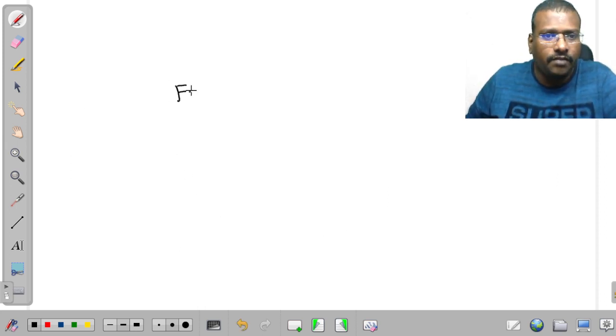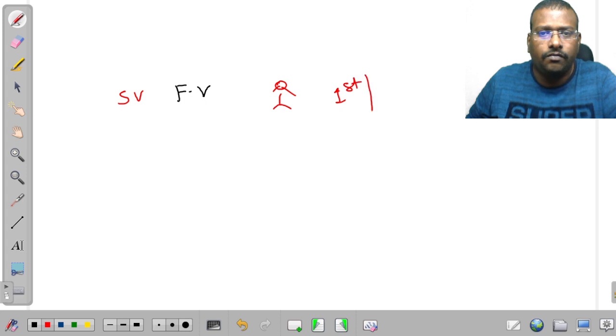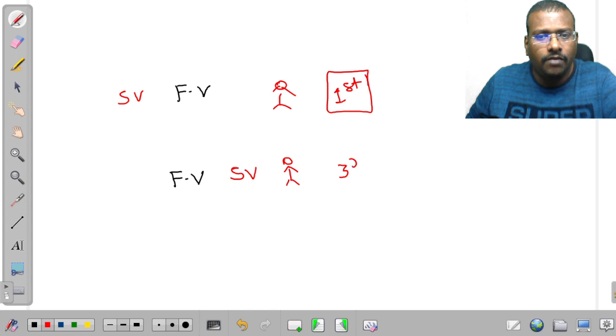If this is the front view, if the observer is on one side but the side view is drawn on the other side, it is considered a first angle projection. Sir, what about the second situation? If this is the front view, wherever the observer is present, on the same side the side view is drawn, then it is a third angle projection.